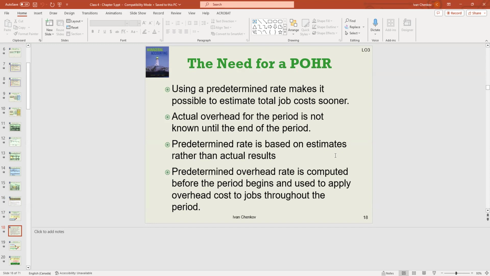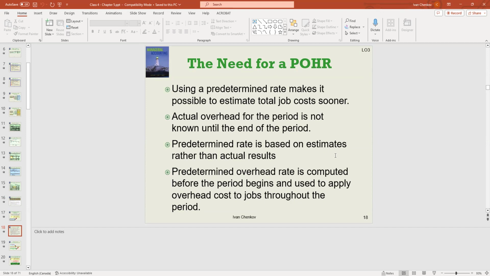The other reason is we need that overhead rate because the actual overhead for the period is not known until the end of the period. For that reason, that predetermined rate, since it's based on an estimate rather than actual results, is going to help us for the time being to have cost for our products.